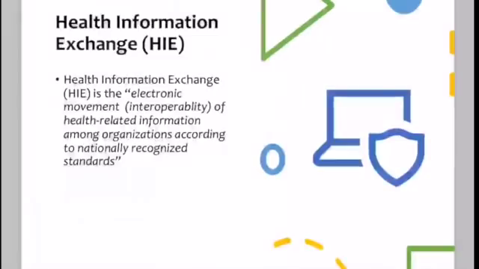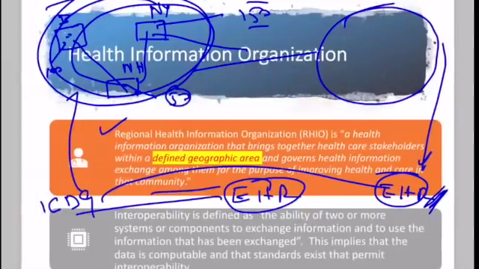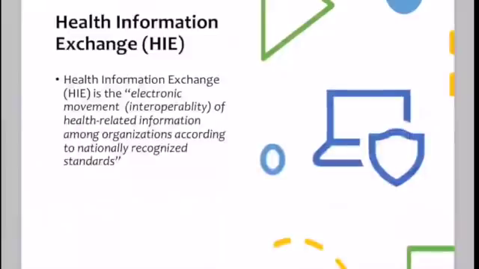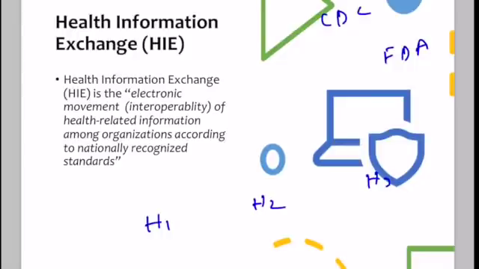And now, how is interoperability linked with health information exchange? When we say health information exchange, we are saying the electronic movement of health-related information among organizations according to nationally recognized standards. Organizations: hospital 1, hospital 2, hospital 3, FDA, CDC, NIH, right, different organizations.